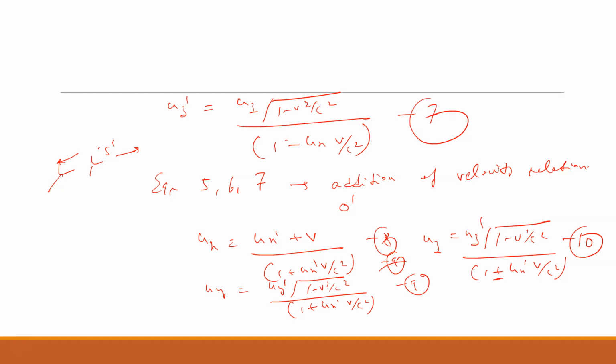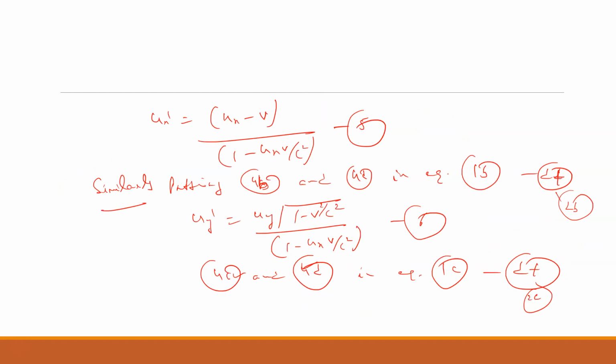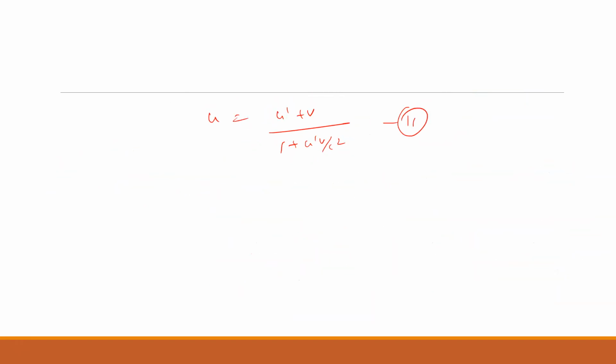Now for the other case, the general relation will be u dash equals u minus v divided by 1 minus u v by c square. The frame is different: here the frame is O dash and here the frame is O.